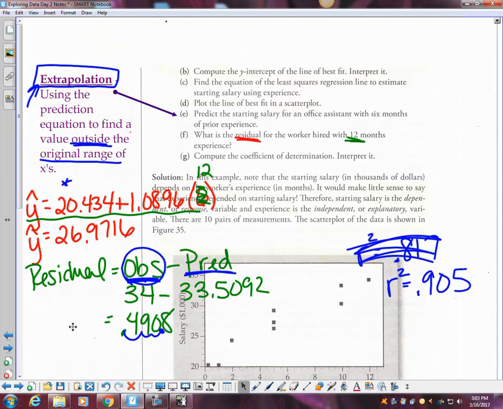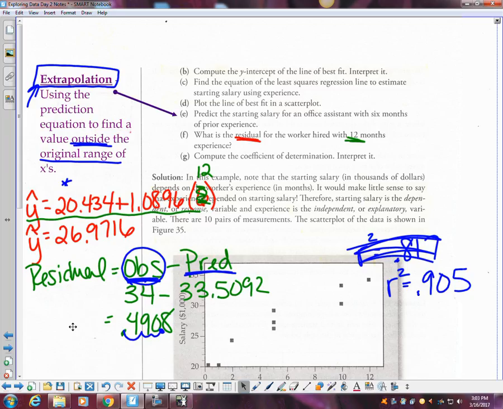I'm going to say it again. 90.5% of the variation in starting salaries, because that's what fluctuates, is their salary. The variation of their salaries can be explained by or is accounted for by the linear model that relates these two variables together, which are salary and months experience.